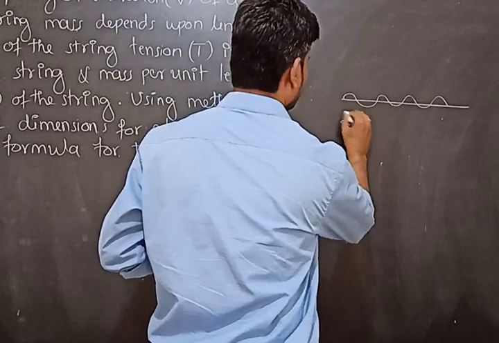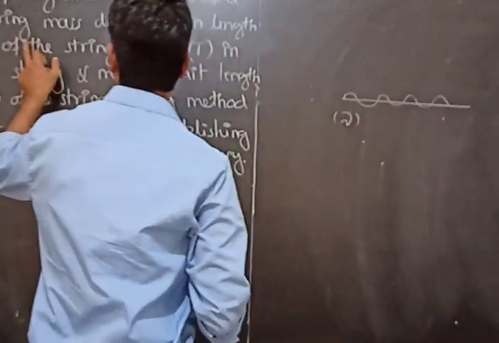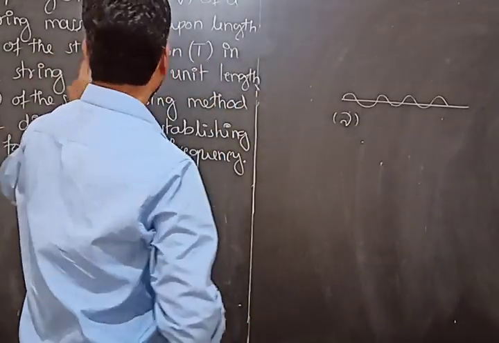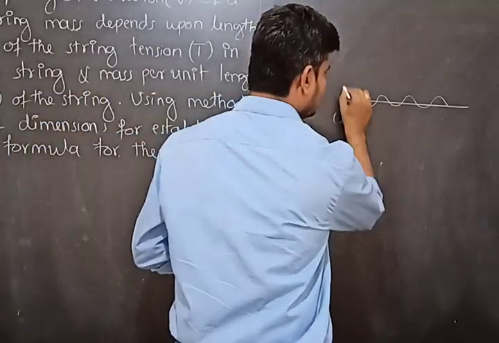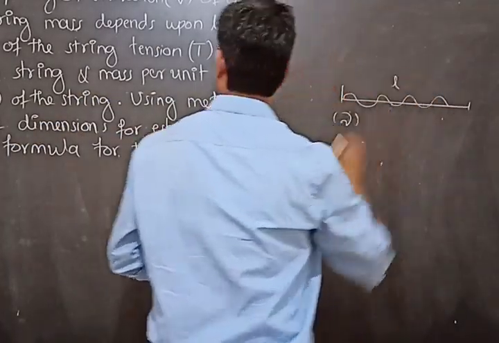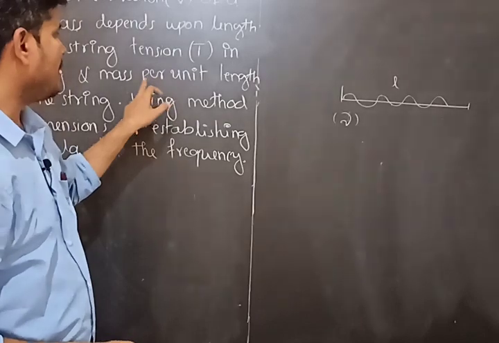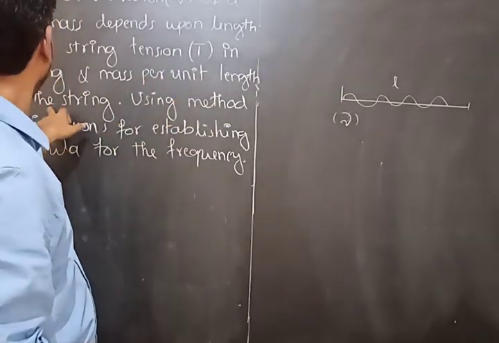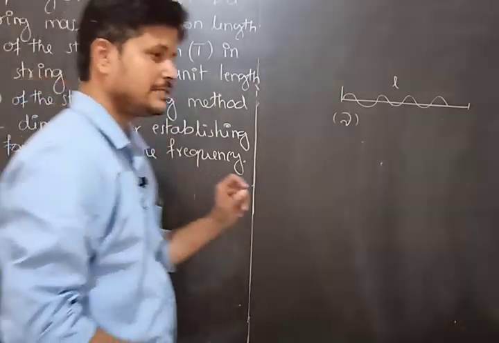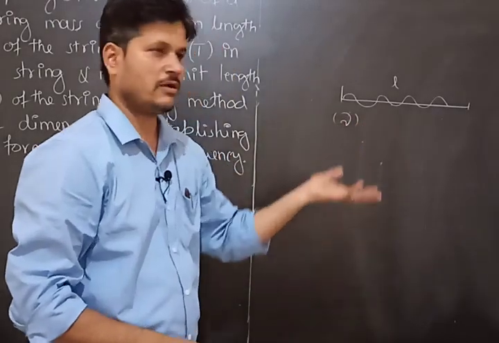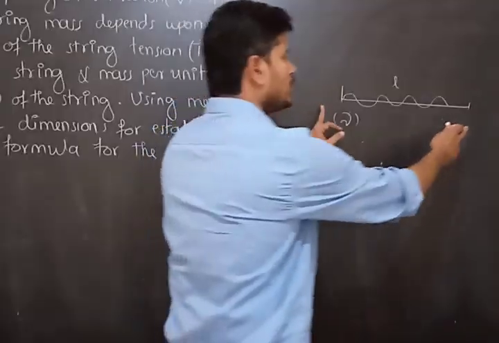Frequency is nu, and it depends upon the length. The length of this wire is L, and what else is given? Mass per unit length, that means the mass of the wire divided by the total length.